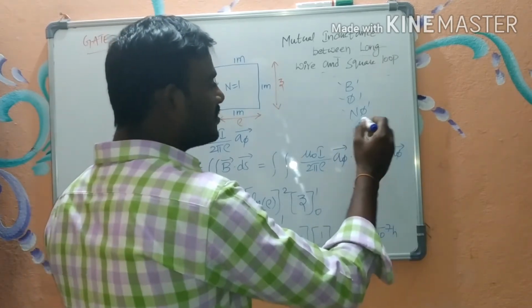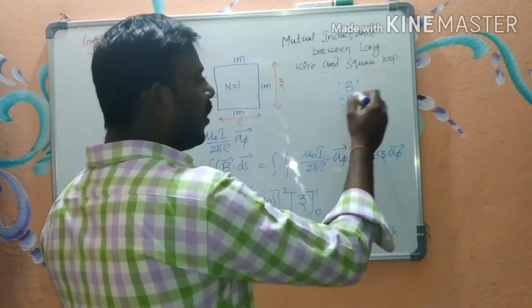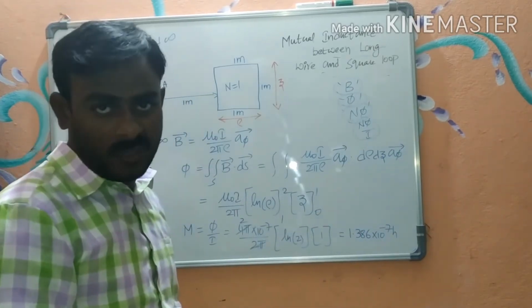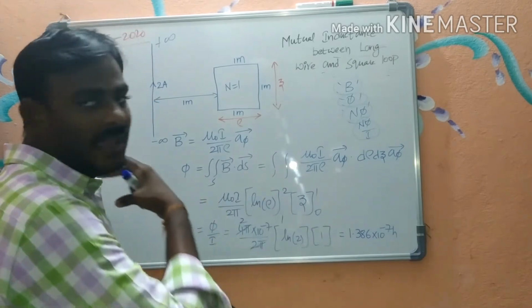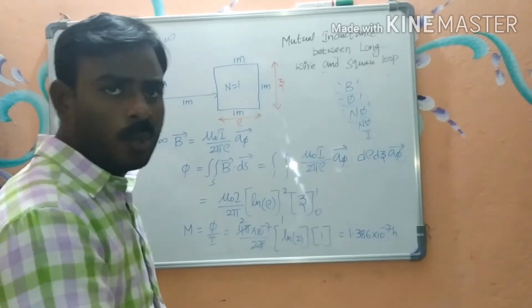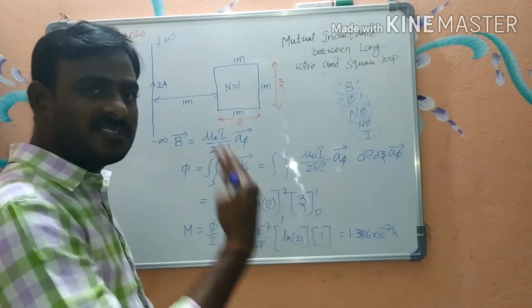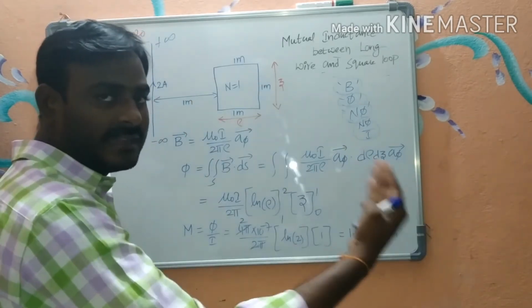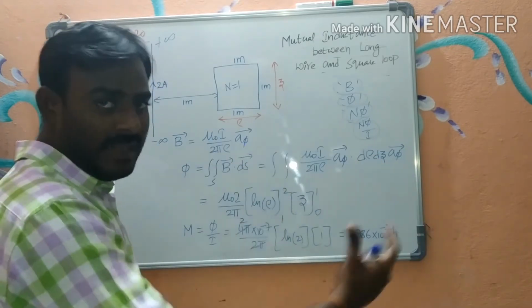This is a 4-step procedure commonly used to find the self-inductance as well as the mutual inductance. Here, as we need the mutual inductance, we need the flux produced by the current carrying conductor linking the conducting loop.